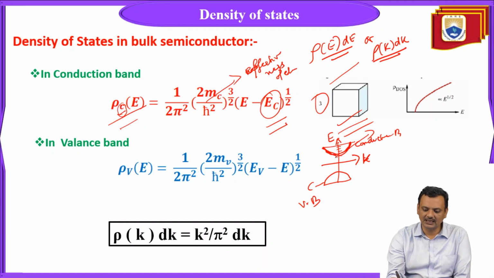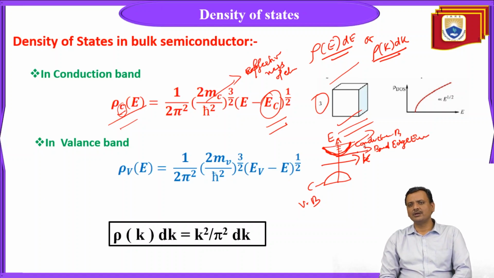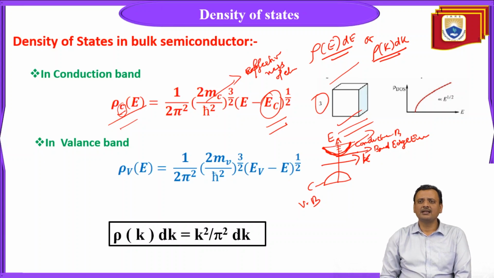What is EC? EC is nothing but the band edge energy, meaning the lowest available energy in the conduction band region.